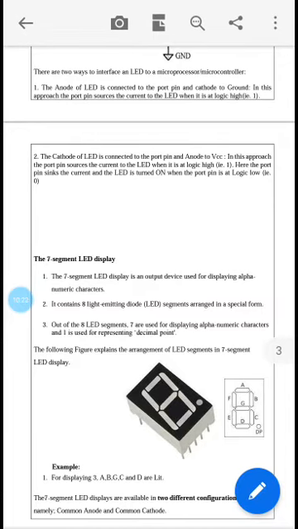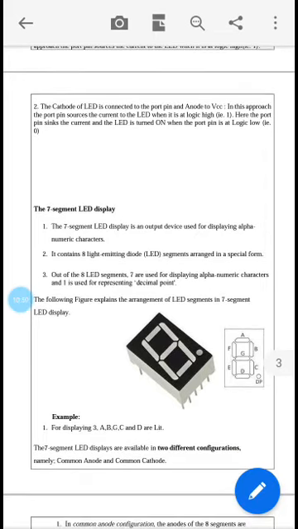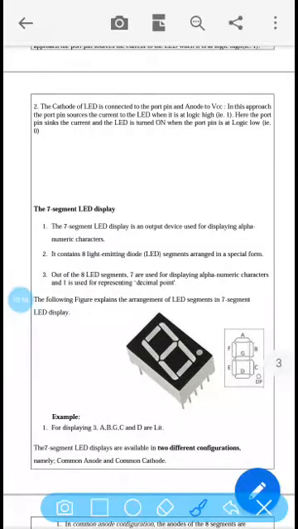The 7 segment LED display acts as an output device which is used for displaying alphanumeric characters. It contains 8 LED segments which are arranged in a special form. Out of these 8 LED segments, 7 are used for displaying alphanumeric characters and 1 is used for the decimal point. So in the slide you can observe the diagram of the 7 segment LED display.